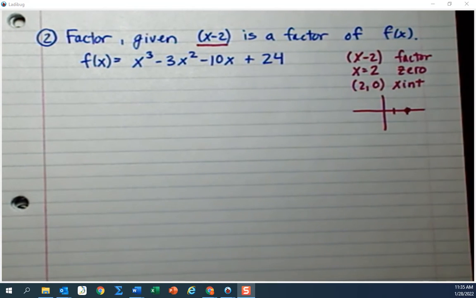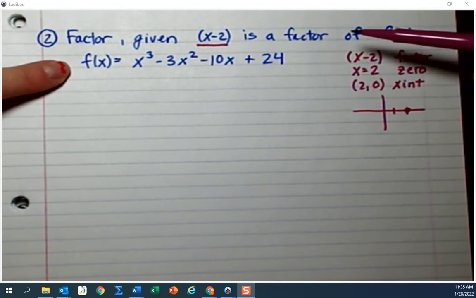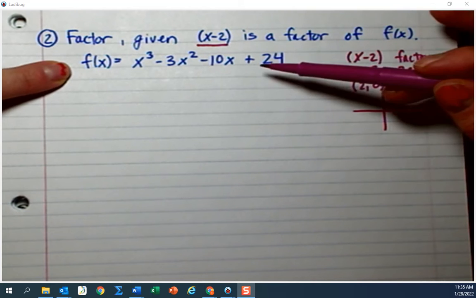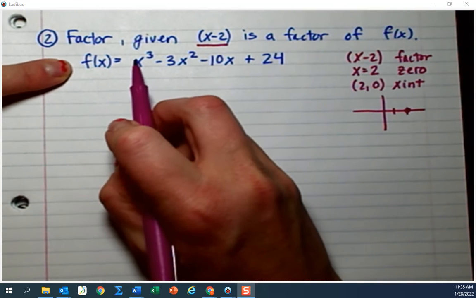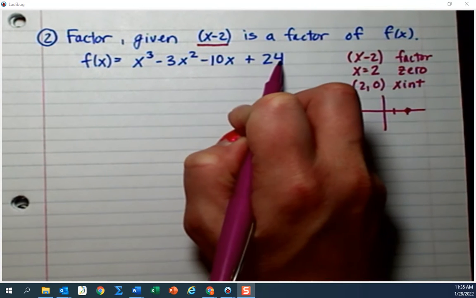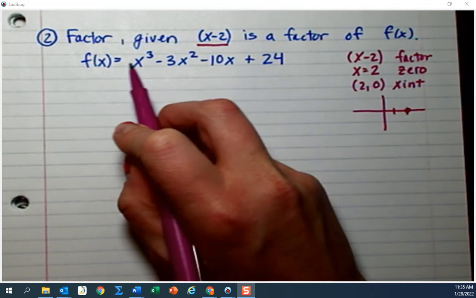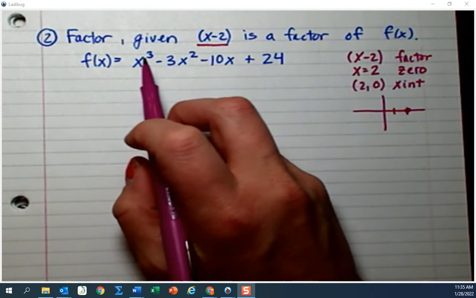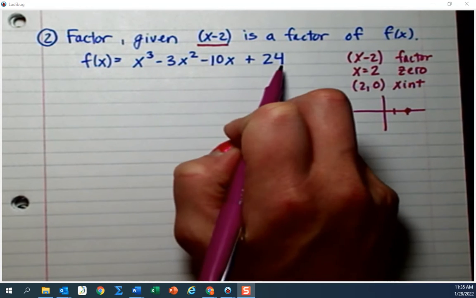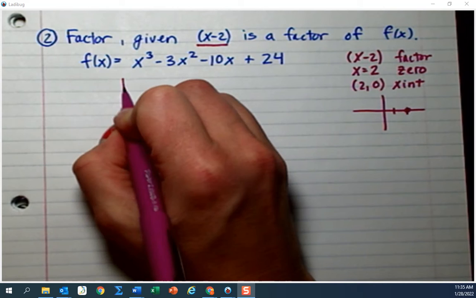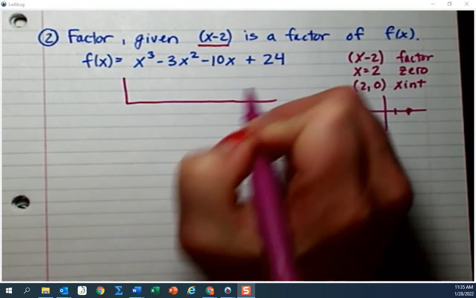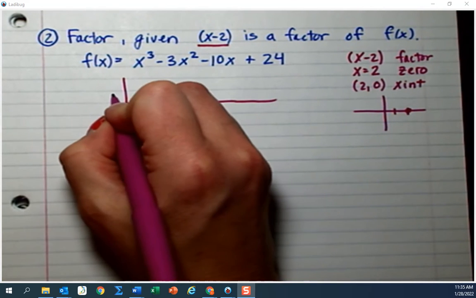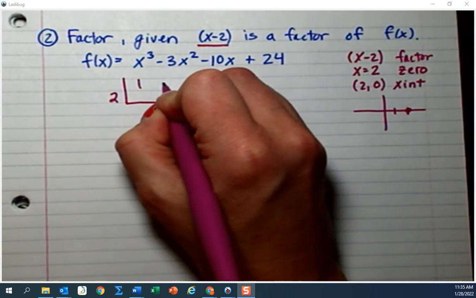Now I'm going to keep reading the question and decide which of those pieces is actually useful for me. So I'm supposed to factor it. There's 4 terms, but I don't think grouping will work because of the coefficients that I have, which means my last factoring choice is the synthetic division one.